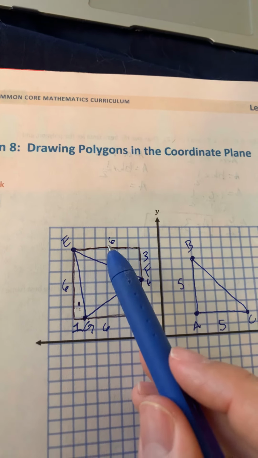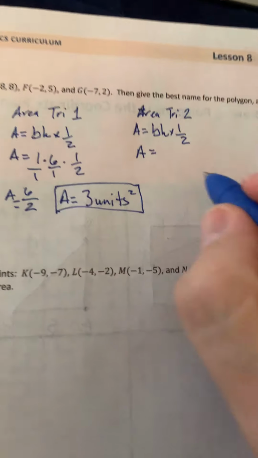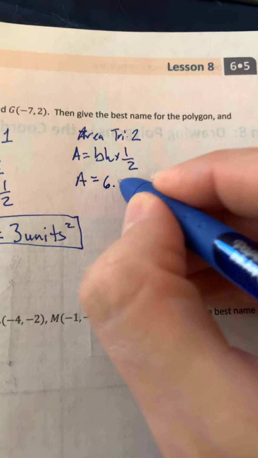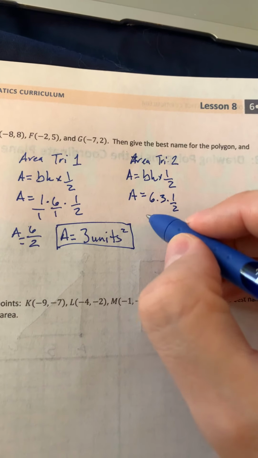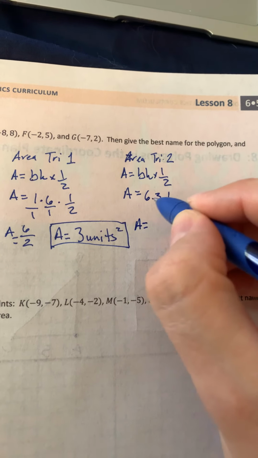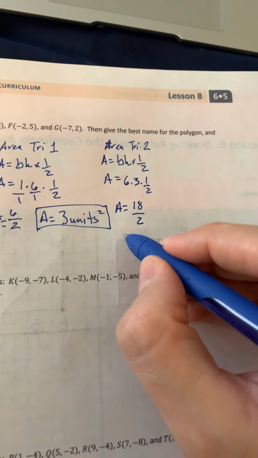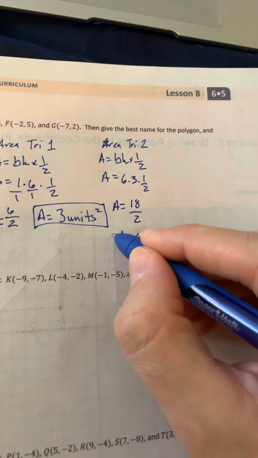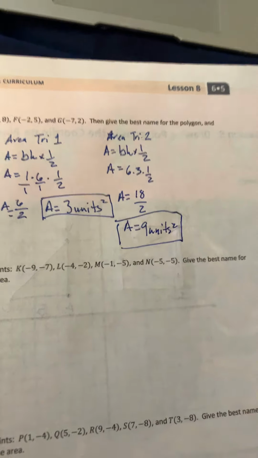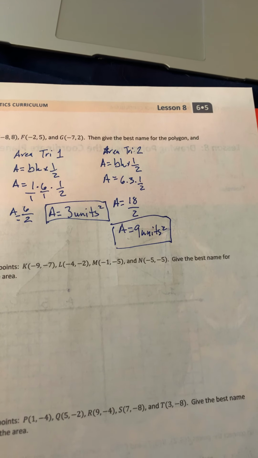So it's 6 times 3 times 1/2. Multiplying across, 6 times 3 is 18, divided by 2. So the area is 9 units squared. 18 divided by 2 is 9. So that's the area of that one.